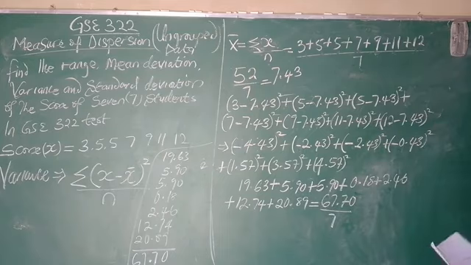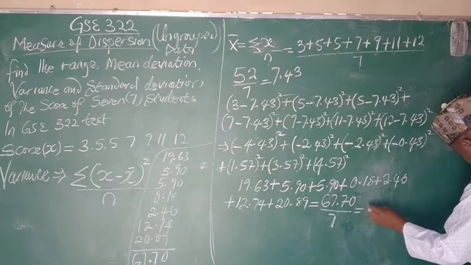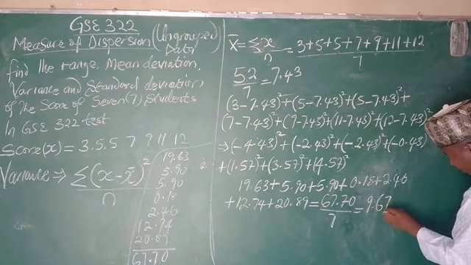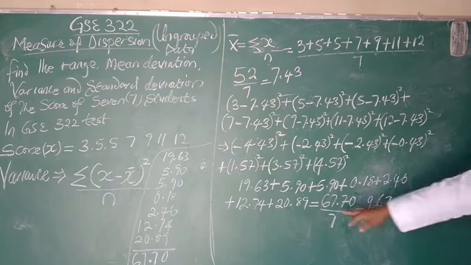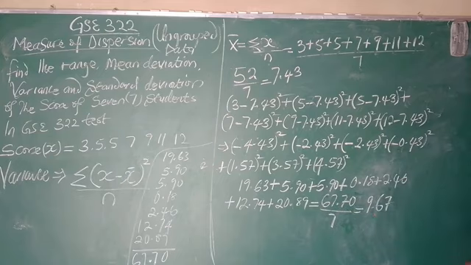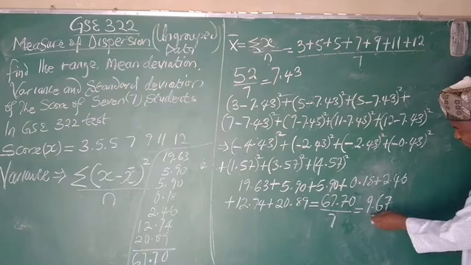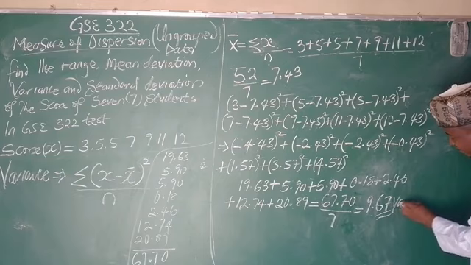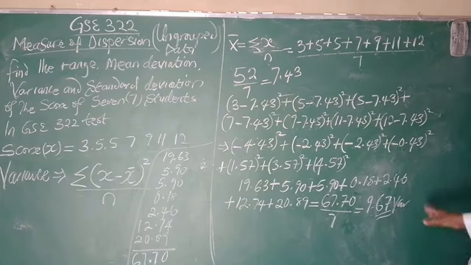So now 67.7 divided by 7 is going to give us 9.67. When you divide 67.70 by 7 it is going to give us 9.67. So this is the variance.